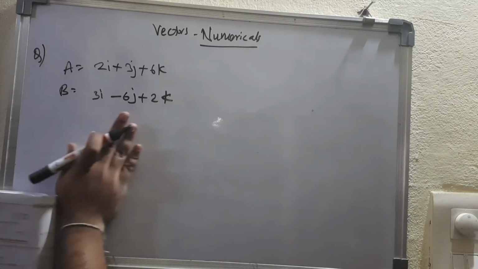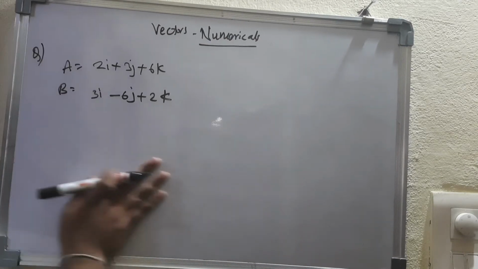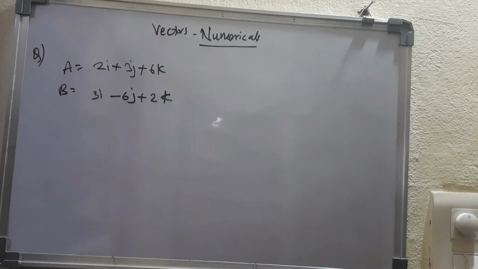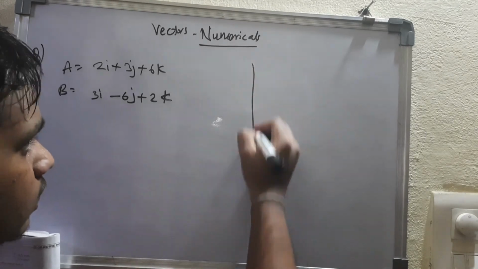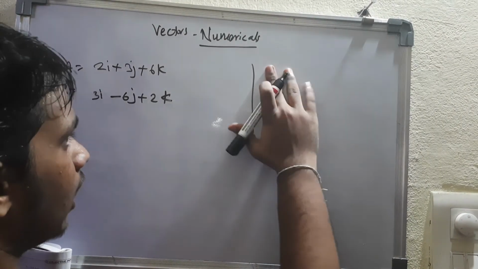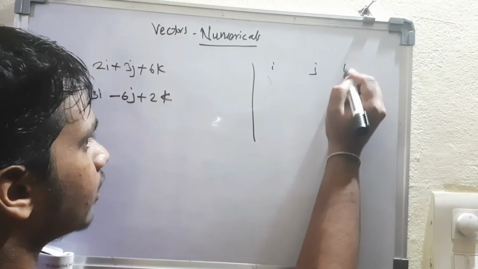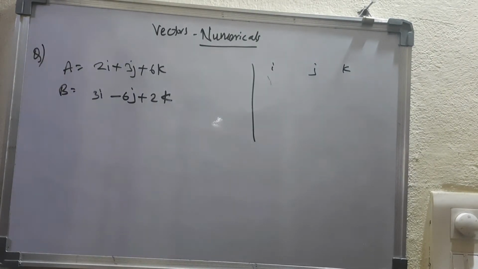Okay, first we'll take the cross product. I guess you know how to take the cross product, I already said it. With i j k, since both are perpendicular, take the cross product.